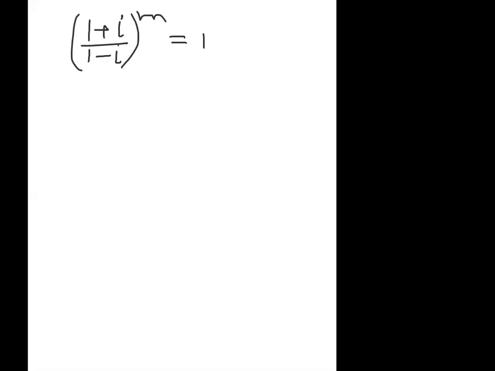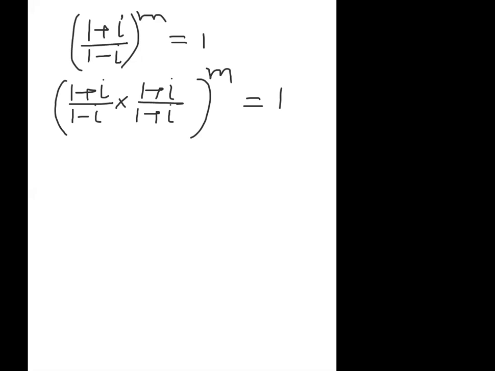Now what I could do, see with care, as per the concept, I suppose you remember we cannot leave i in the denominator. i should not be in the denominator. So I am rationalizing inside the bracket. (1 plus i) upon (1 minus i) into (1 plus i) upon (1 plus i).